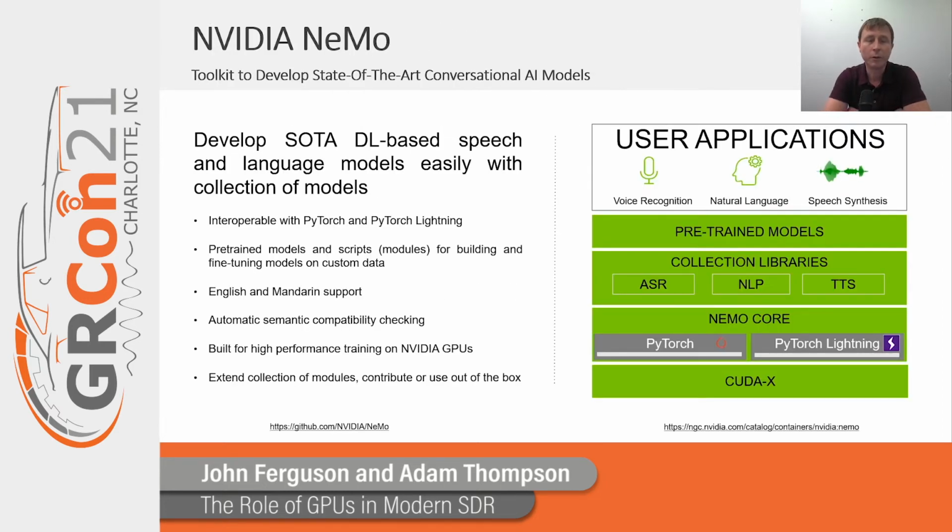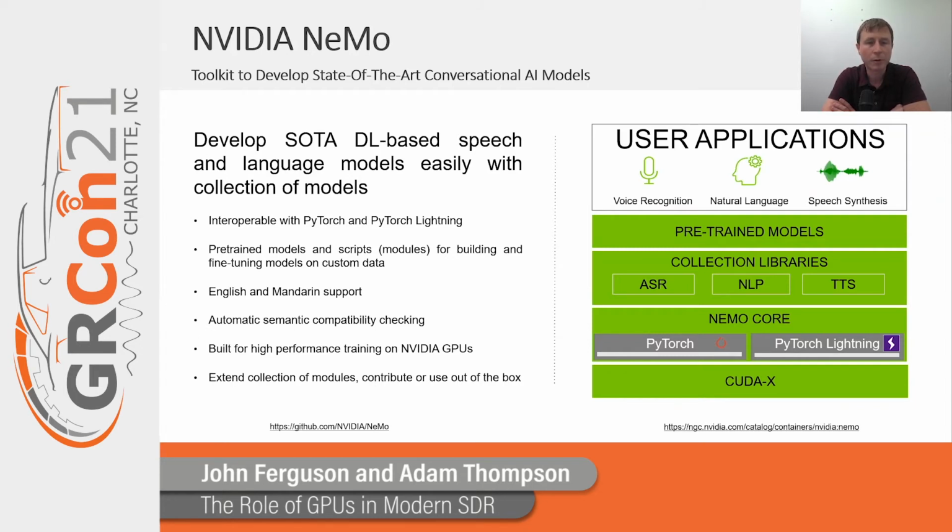If you're not familiar, NVIDIA's NeMo toolkit is very, very useful. It's a toolkit to develop state-of-the-art conversational AI models, just like it says there. Essentially, it has a lot of tools that interact with different CUDA toolboxes. It leverages PyTorch or PyTorch Lightning.